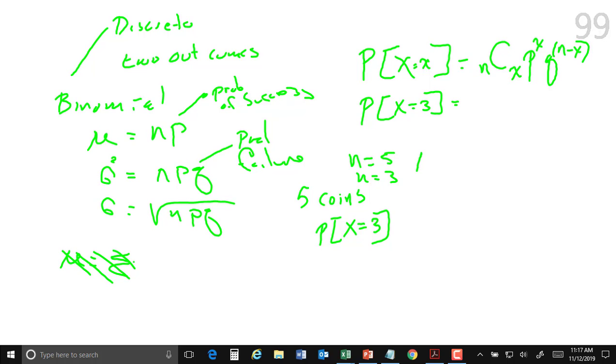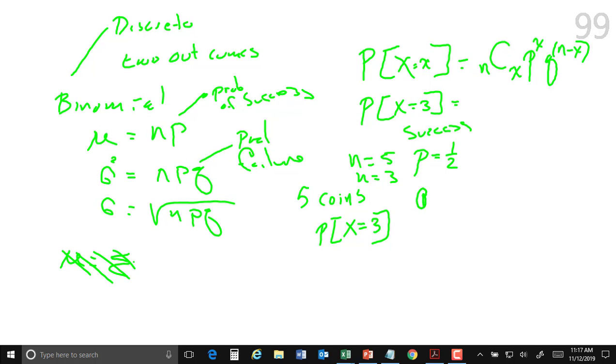First of all, we have to set what our probability of success is. You could call a success a head, or you can call it a tail, but I'm choosing to call it a head. So the probability of any one coming up is a half. Do you agree? That's the probability of success.